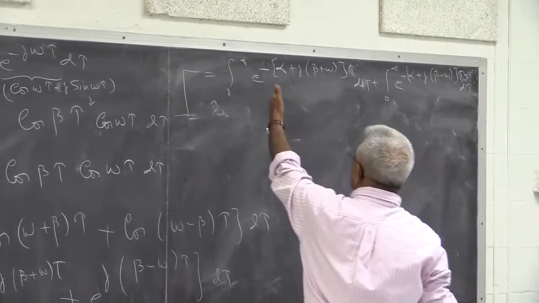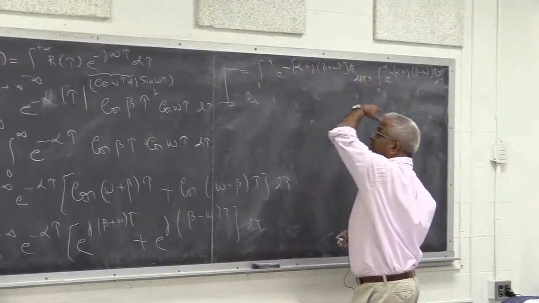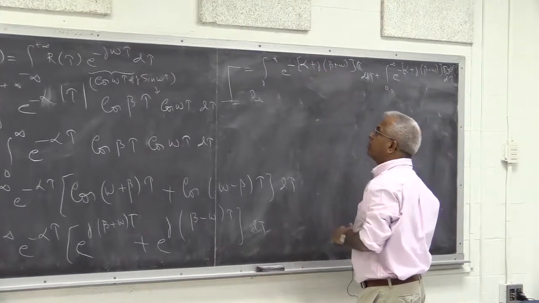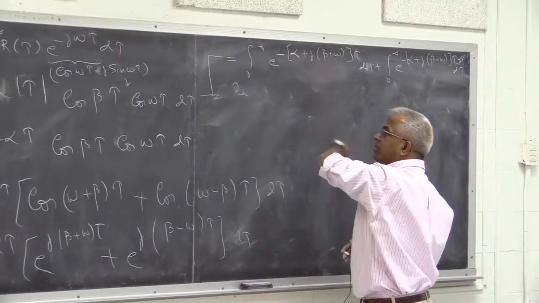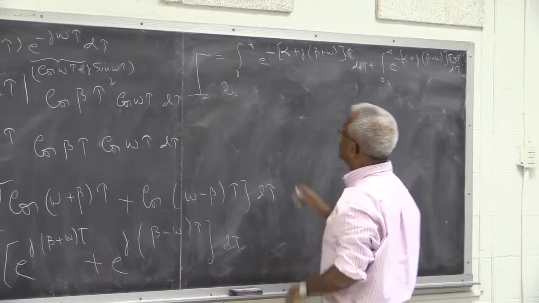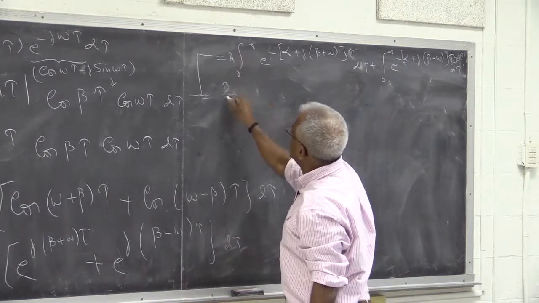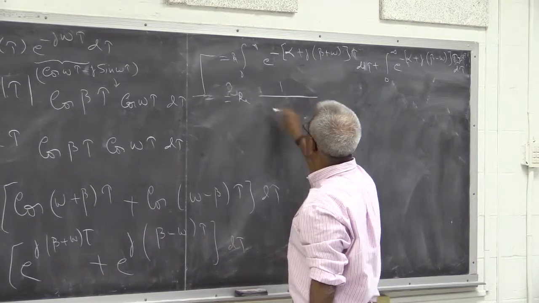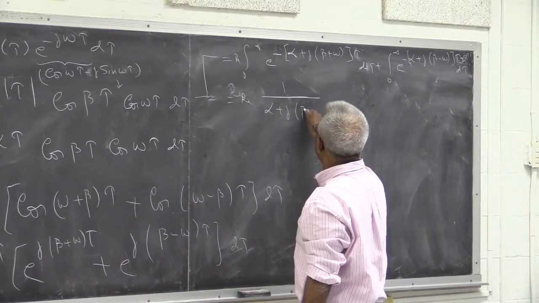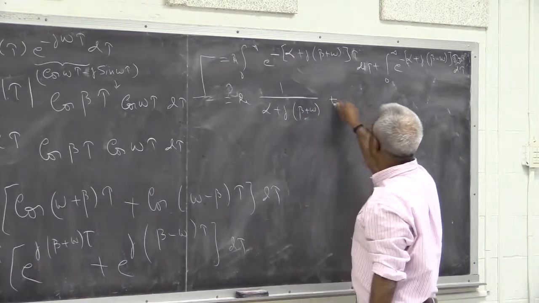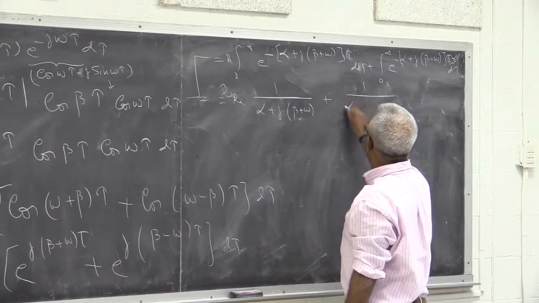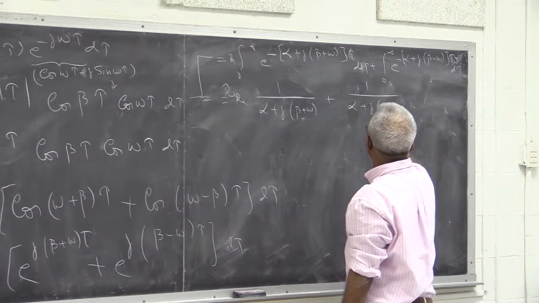So integral is e raised to minus at is e raised to at over minus a. Top limit is 0, bottom limit gives you 1. So this is simply the real part of 1 over alpha plus j beta plus omega plus 1 over alpha plus j beta minus omega.